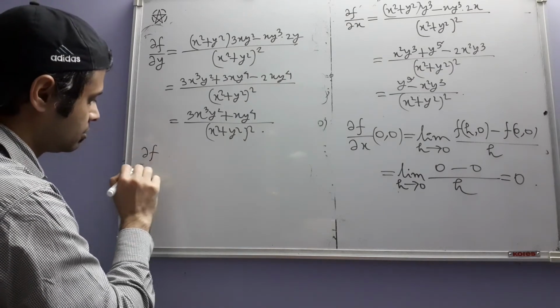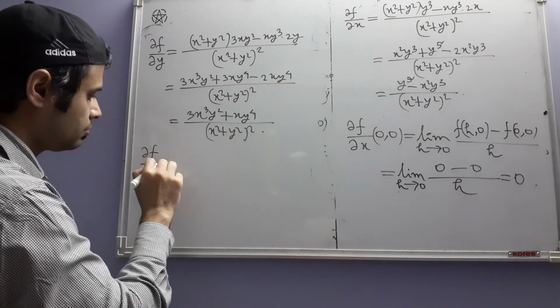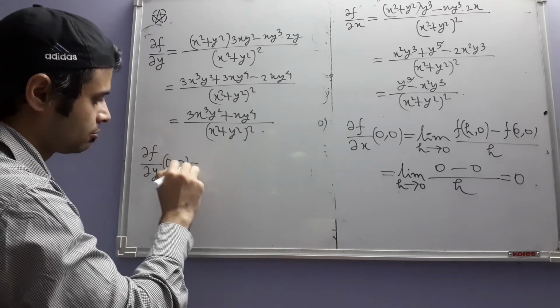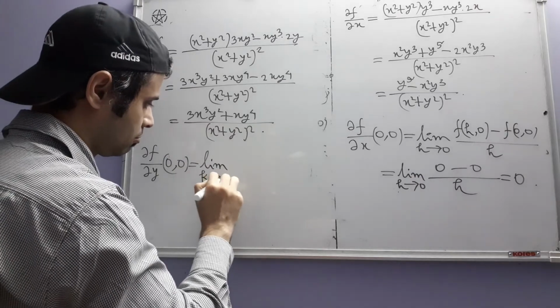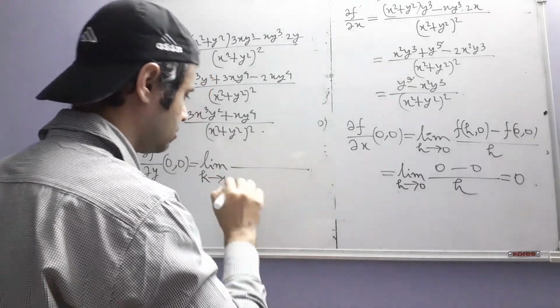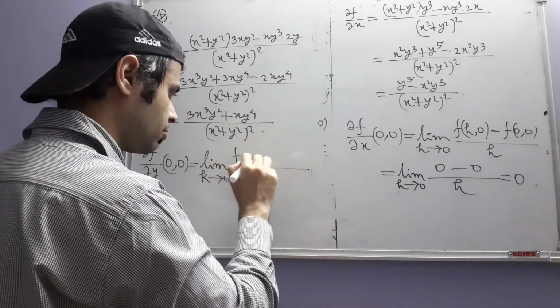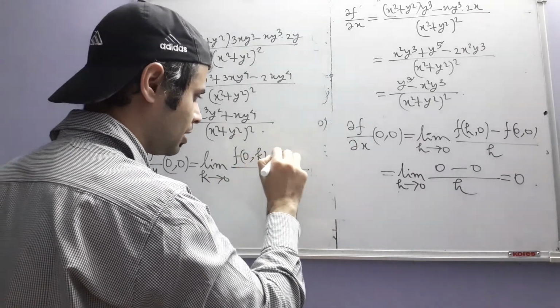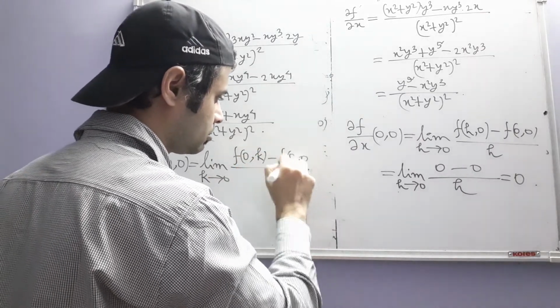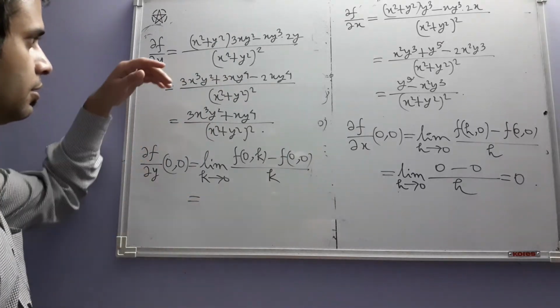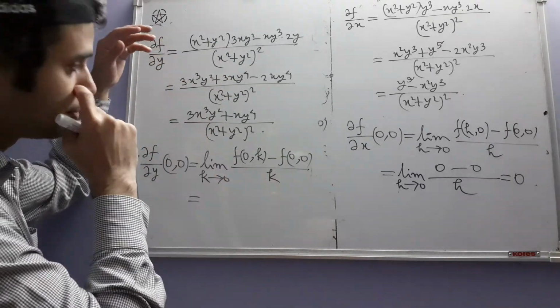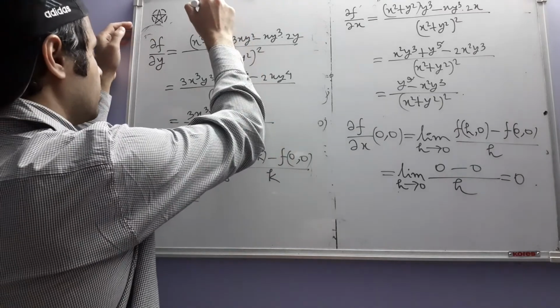Now at 0, you apply the definition: f(0, k) minus f(0, 0), divided by k. Now this one, I lost the formula.